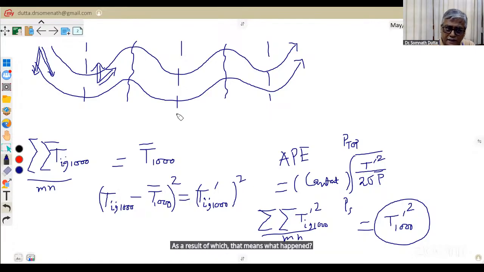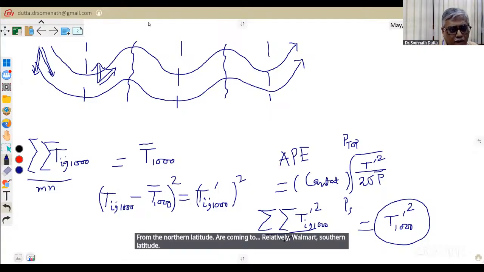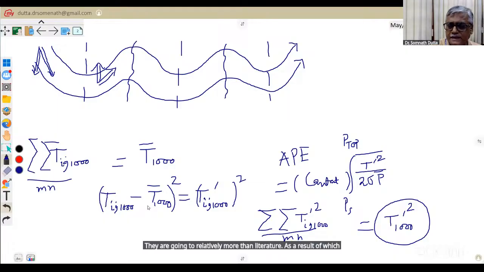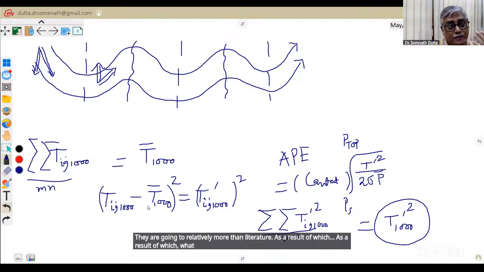So what happened? Relatively colder air from the northern latitude is coming to the relatively warmer southern latitude, and relatively warmer air from the southern latitude is going to the relatively northern latitude. As a result of which, what will happen to our north-south temperature gradient?